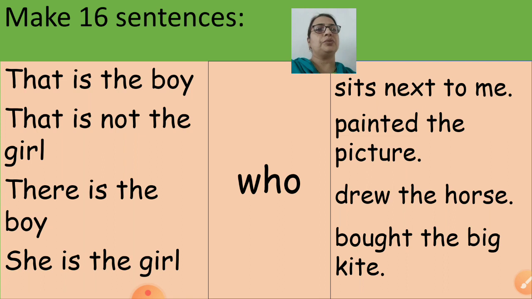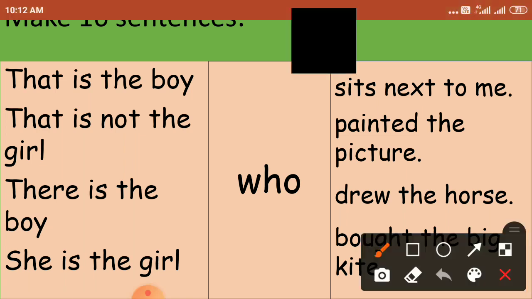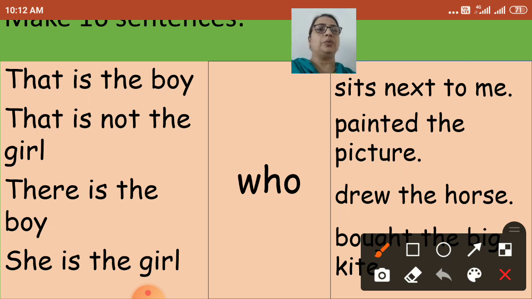Now we are going to join it, and after joining we are going to write it in the place given below this table. Ready with your pencil and erasers? Very good. So children, see in the first column, that is the boy.